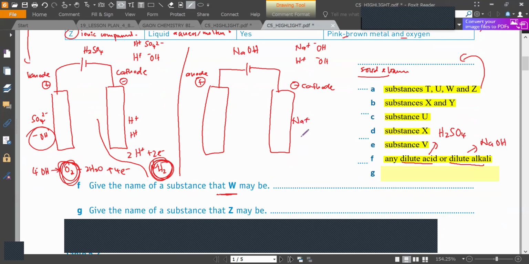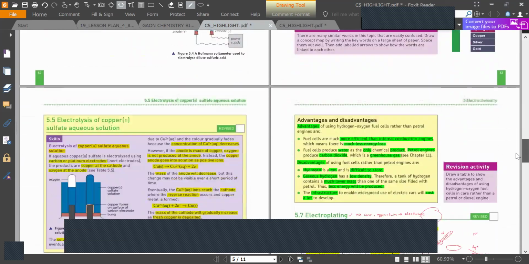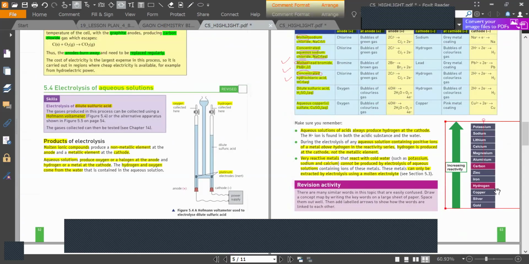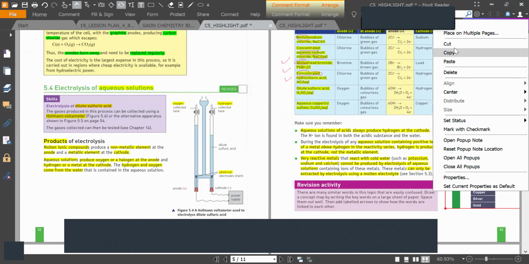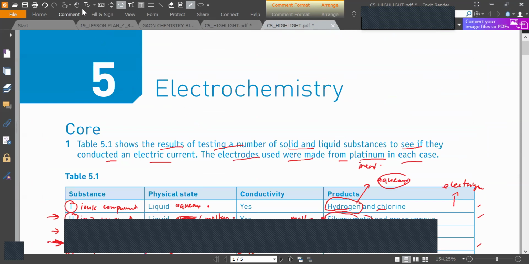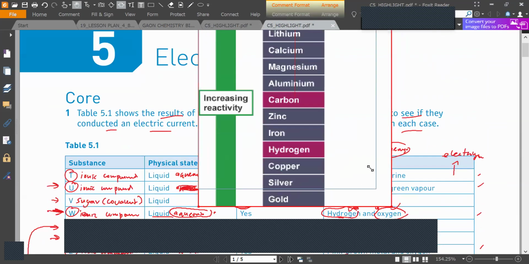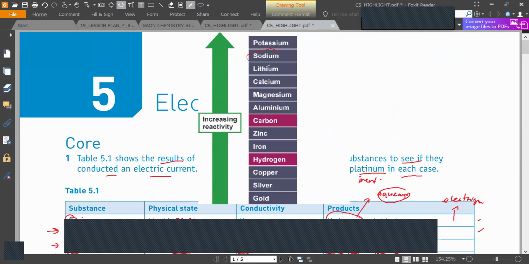Here, similar situation. We have sodium plus and hydrogen plus. As mentioned before, sodium is high on the reactivity series, so hydrogen will react.